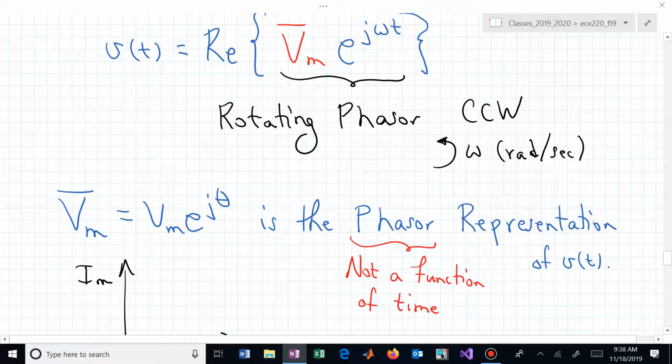And note that that phasor is not a function of time. We're taking a snapshot, essentially, and saying, how does everything relate, magnitude and angle, at one instant of time? If I need to show you what's happening for all time, you just put in the appropriate cosine omega t.